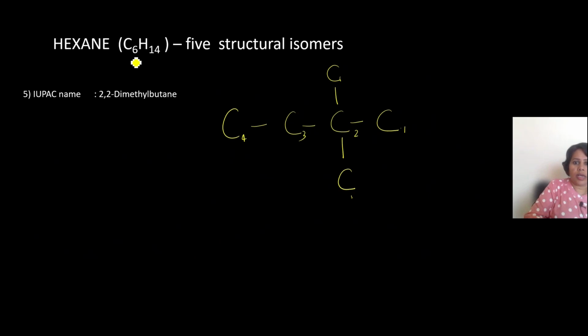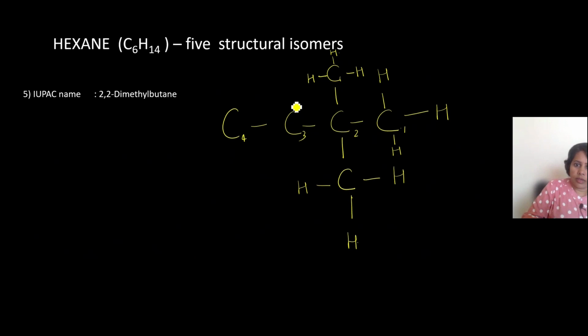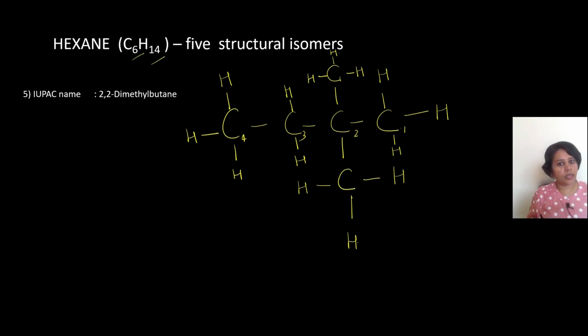So total is 6 carbon and then hydrogen 1, 2, 3, 4, 5, 6, 7, 8, 9, 10, 11, 12, 13, 14. So here total hydrogen is 14, total carbon is 6. It's another isomer of the hexane.